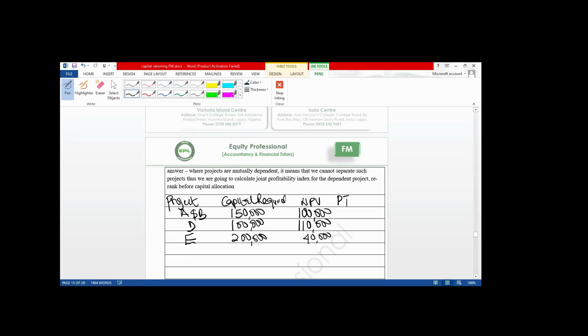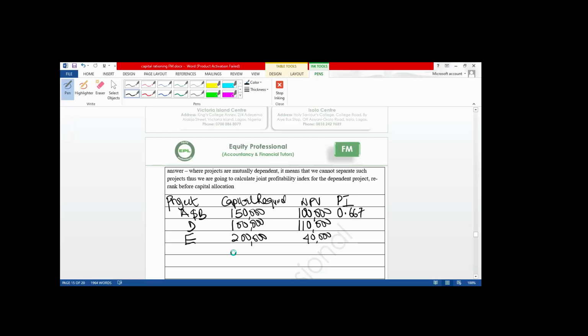100 divided by 150, 0.667. Profitability index for D, 1.1.